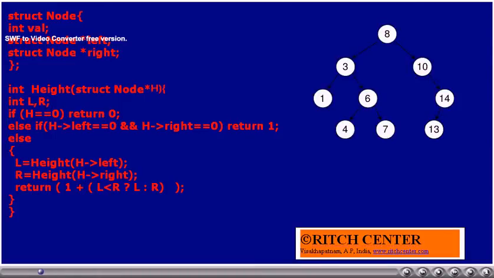Let's consider the given tree in the slide and simulate how this function works. We assume that the address of the root node of this tree is sent as an argument for this function.